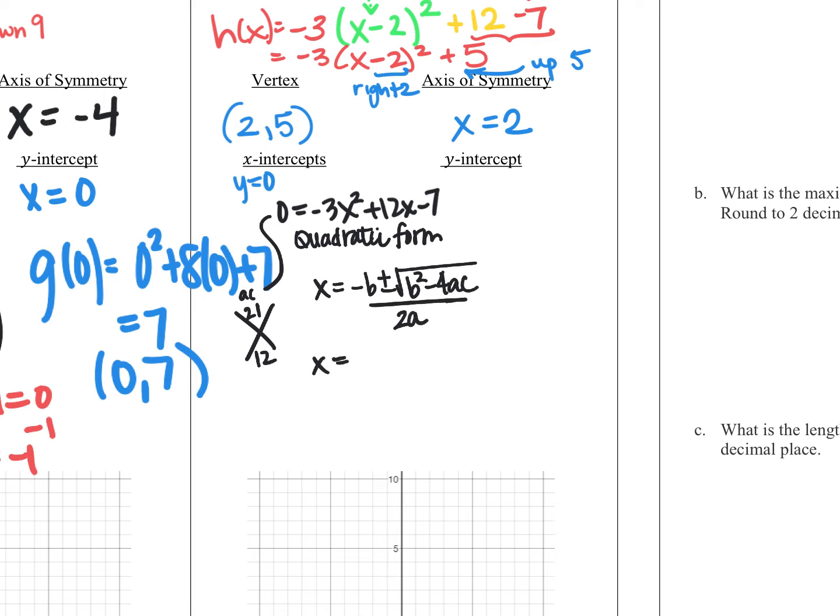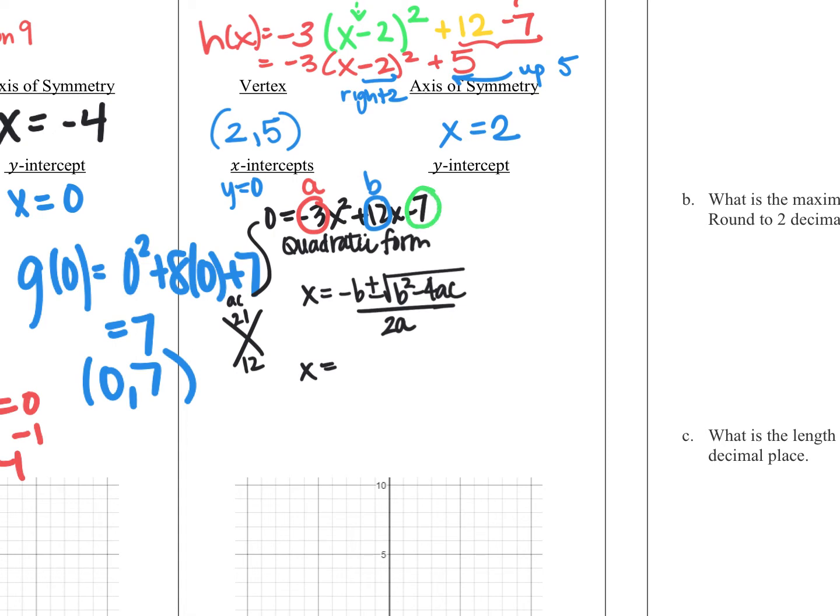And the a is the -3, b is 12, and c is that -7. So I'm going to sub in there. Let's leave the signs so we don't get confused with that stuff. So -b would be -12 plus or minus the square root of 12 squared minus 4 times -3 times -7.